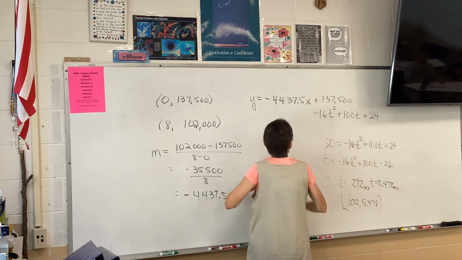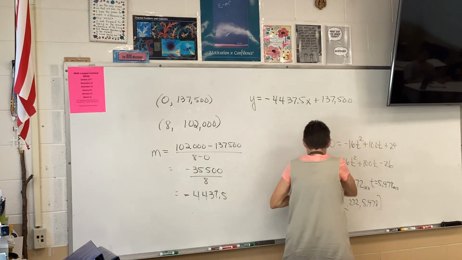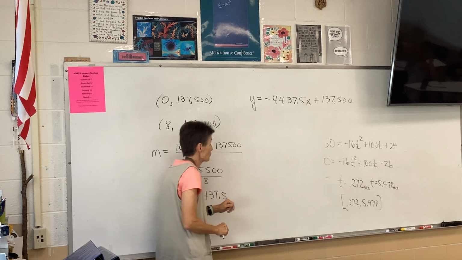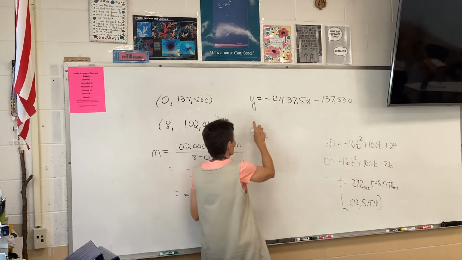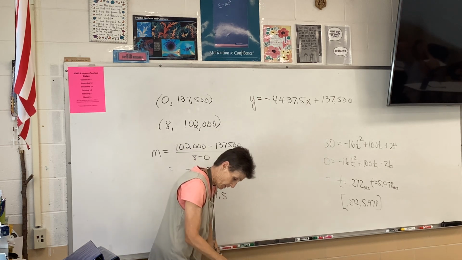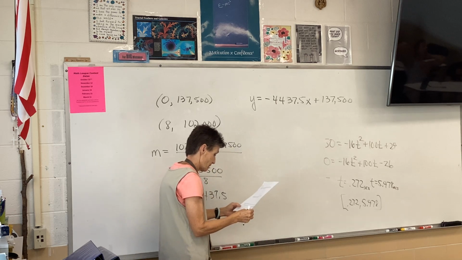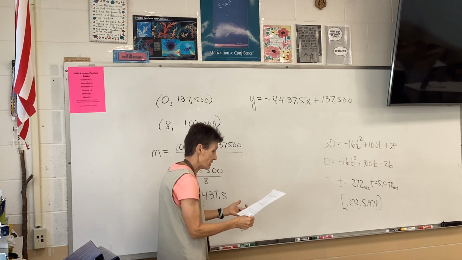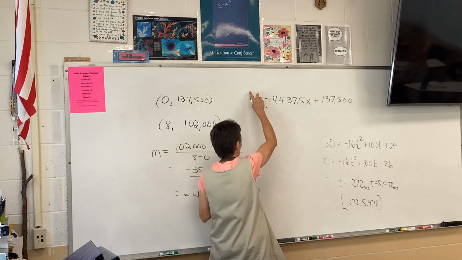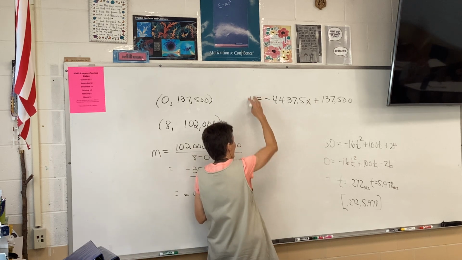So there is our equation that describes the value of the house. It doesn't say it has to be written as a function, but this would be like v of x. This is like the value.